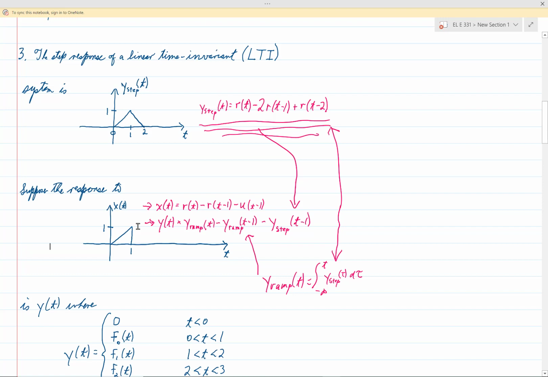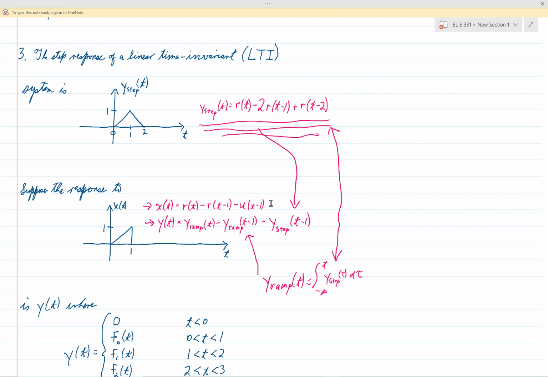But if we had just that, it would flatten out up here at a level of 1. But we want it to flatten out at a level of 0, so we also have to subtract u of t minus 1. So we have x of t equal to r of t minus r of t minus 1 minus u of t minus 1. In other words, it's the ramp of t minus the ramp of t minus 1 minus the step of t minus 1. That is our input.